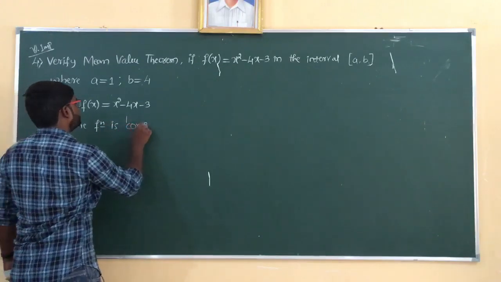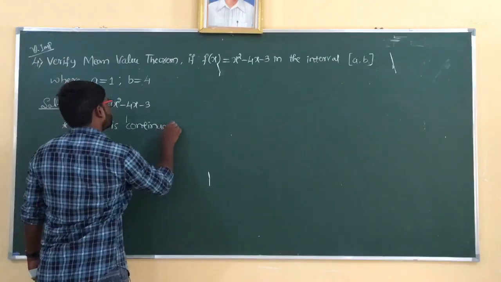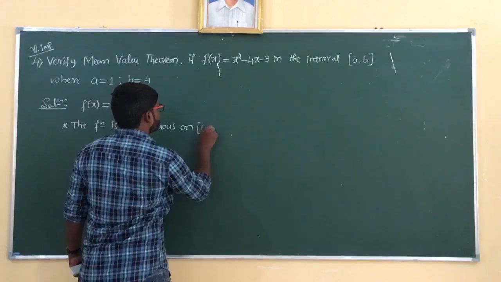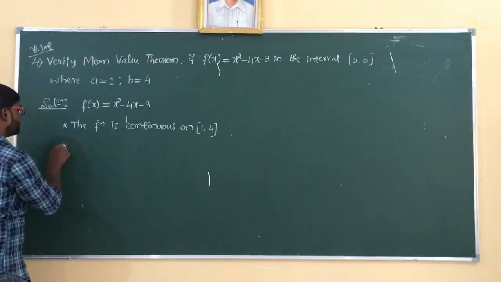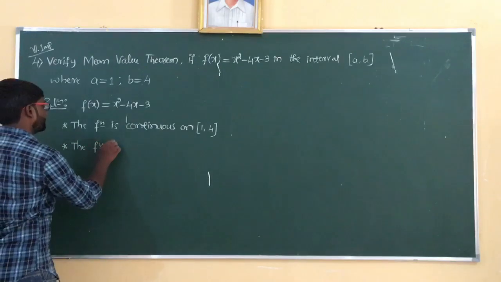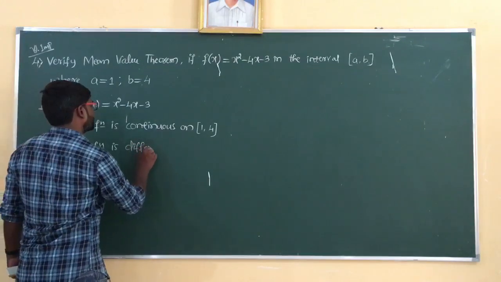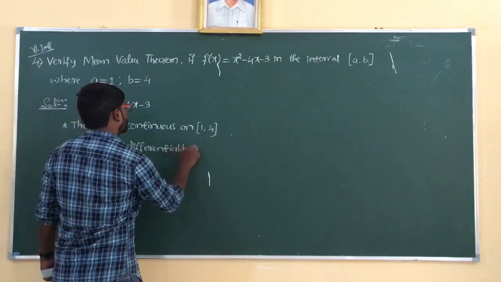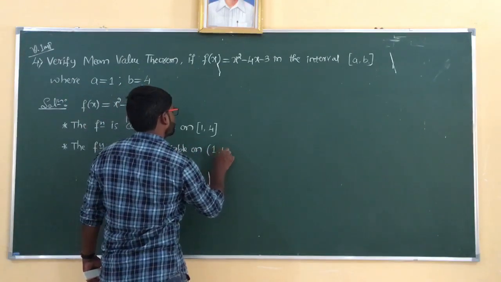Then the first point is the function is continuous on closed interval 1 comma 4. Then the second point is the function is differentiable on open interval 1 comma 4.